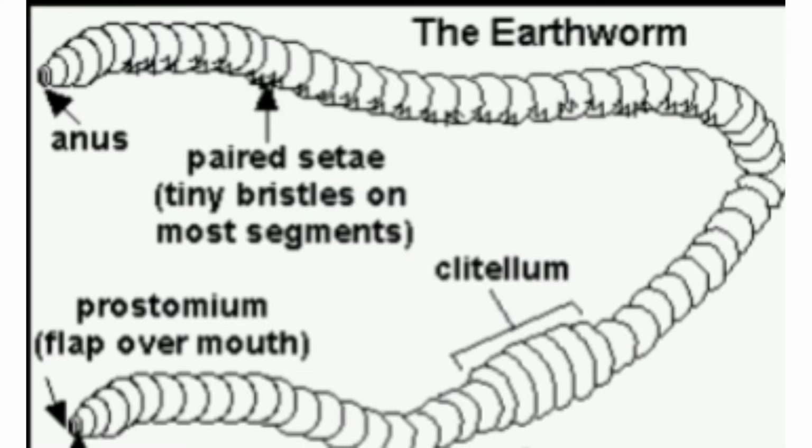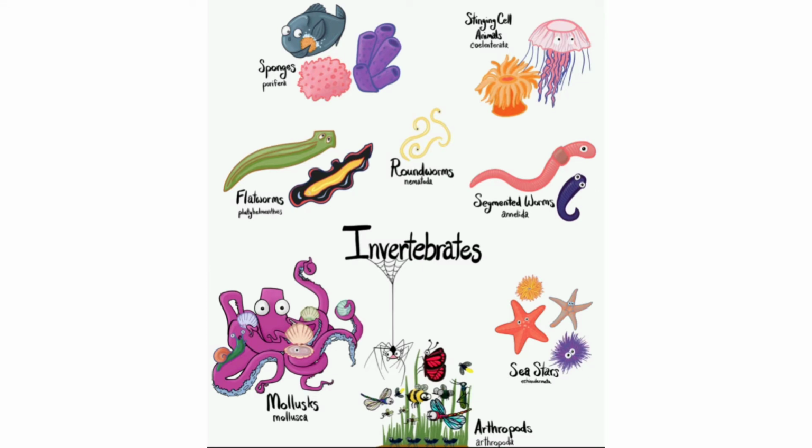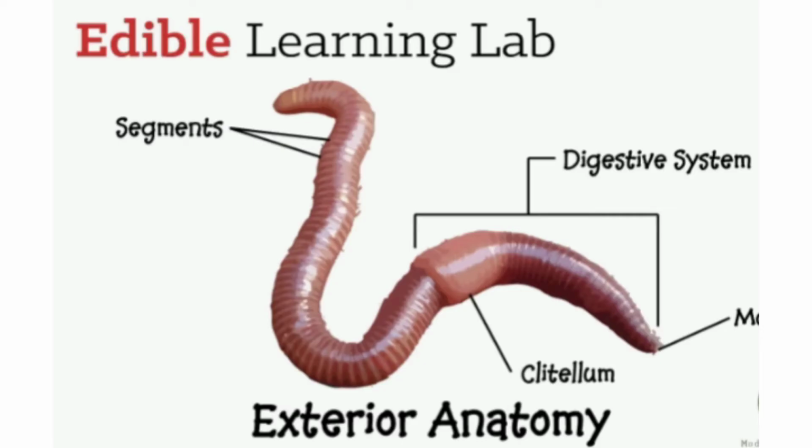Normally, invertebrates can control their body form and movement by using muscles to change the shape of the fluid filled compartments. The earthworm's body is divided into segments.